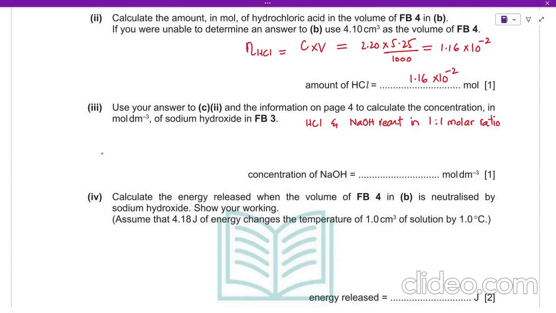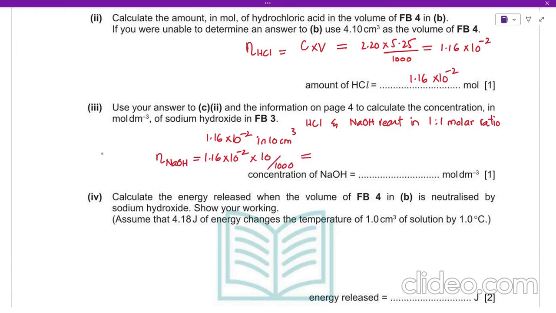What will actually happen is the moles of HCl will be equal to the moles of NaOH. So it will also have 1.16 into 10 power minus 2 moles, but in 10 cm cube because we are not varying its volume. So let's calculate the moles. NaOH will be equal to 1.16 into 10 power minus 2 into 10 divided by 1000.